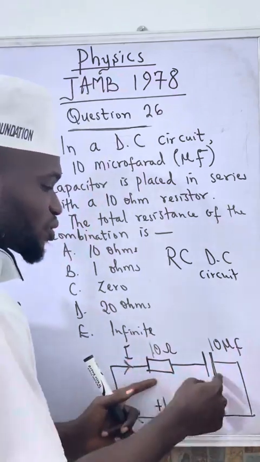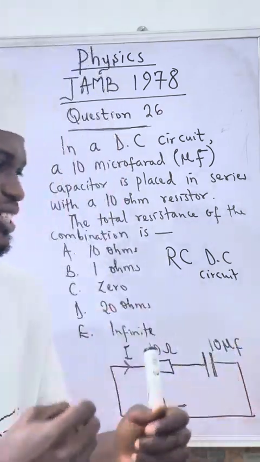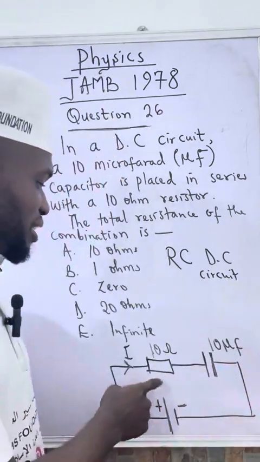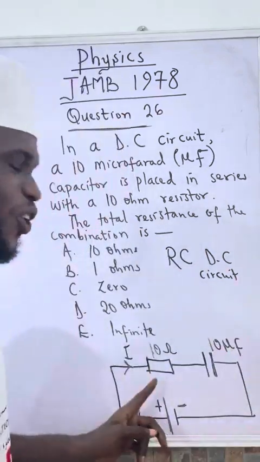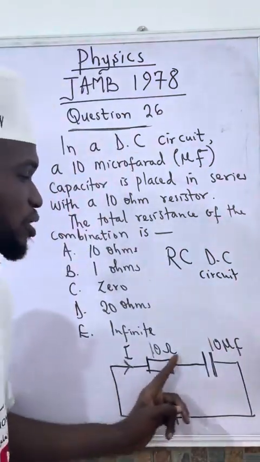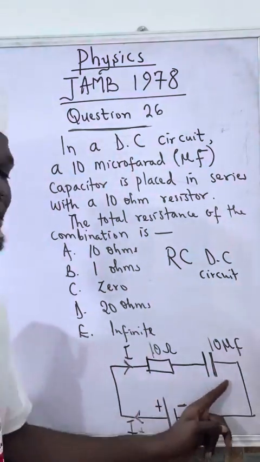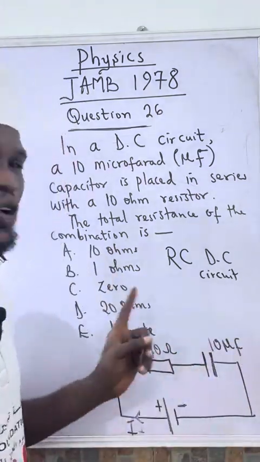When something is supposed to be flowing freely, with the presence of these two, they will be opposing the flow of the current, especially now that they are connected in series.